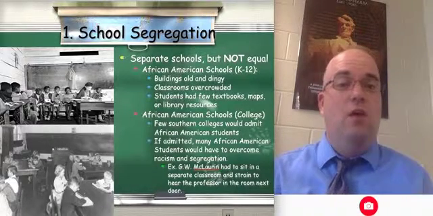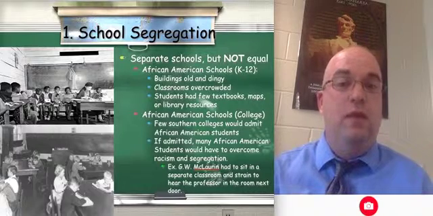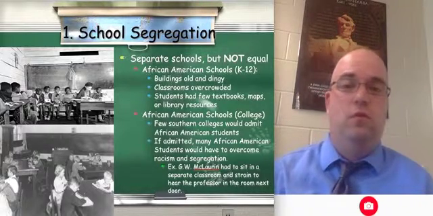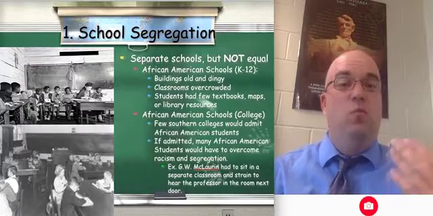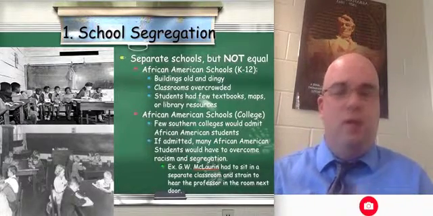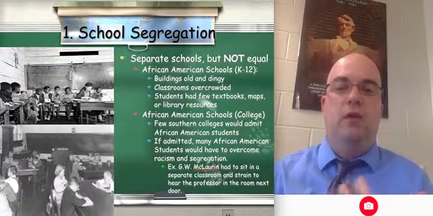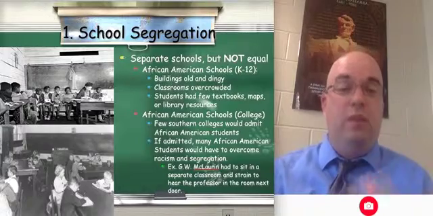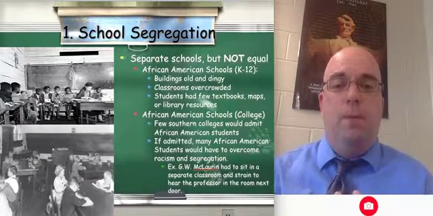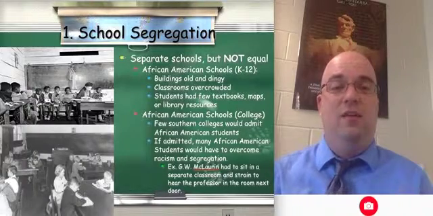And even at the college level, after high school, there were very few colleges that would even admit African American students. And even if they would allow them in, many African Americans had to overcome a great deal of racism and segregation. There's this great story of G.W. McLaurin, who was able to get into an all-white college, but his professors refused to allow him to sit in their classes.